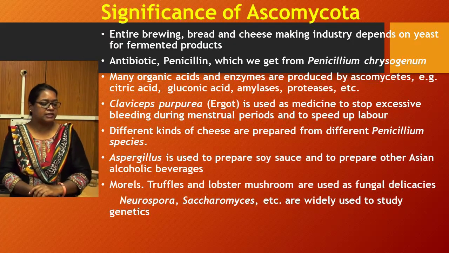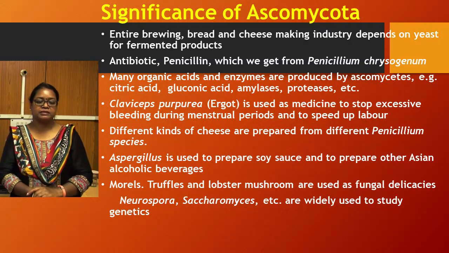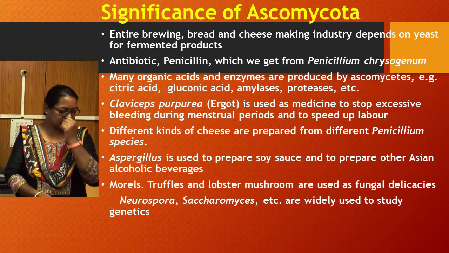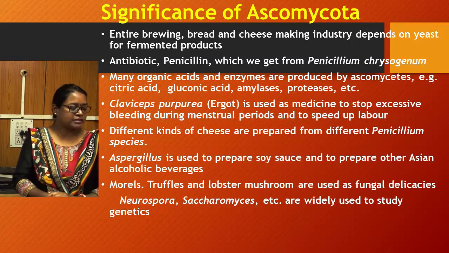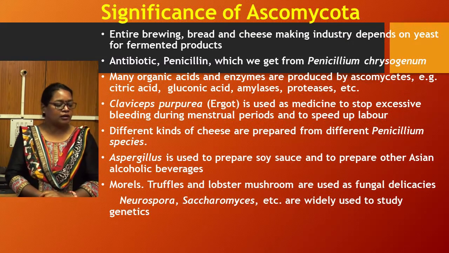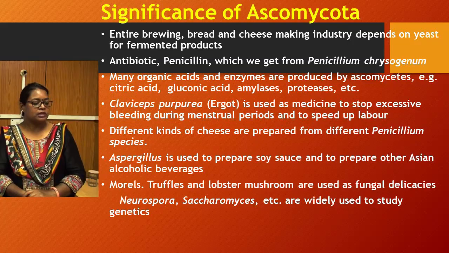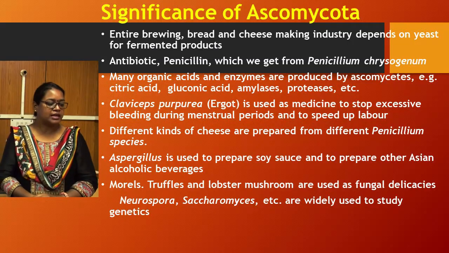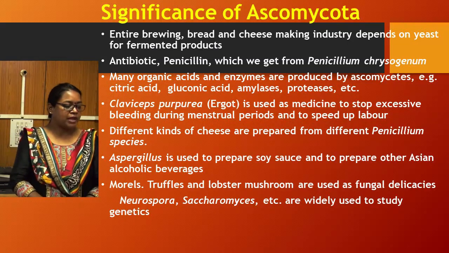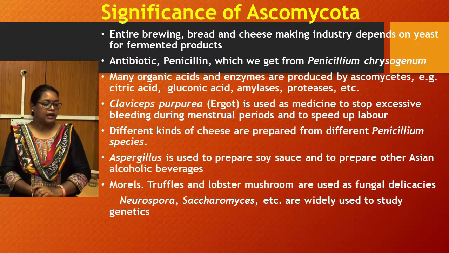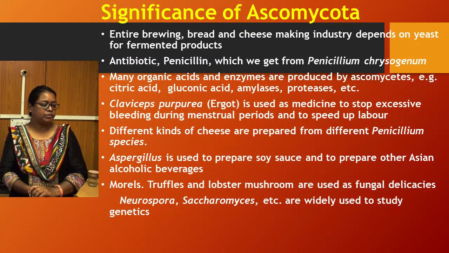Different kinds of cheese are prepared from different Penicillium species, which is another contribution of the Ascomycetes fungi. One species, Claviceps purpurea, which causes ergot of rye, is used as a medicine to stop excessive bleeding and to speed up labor.